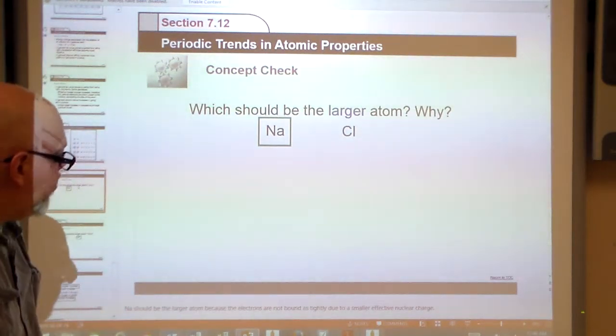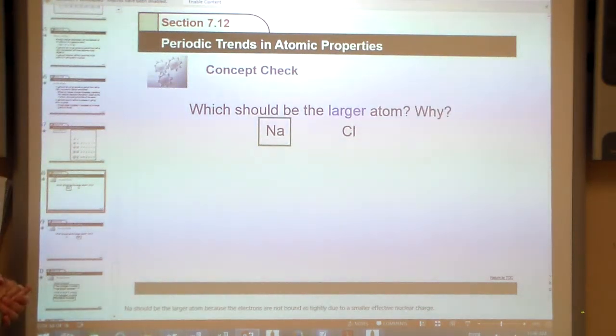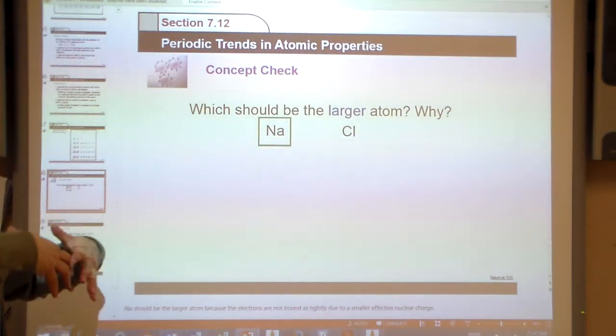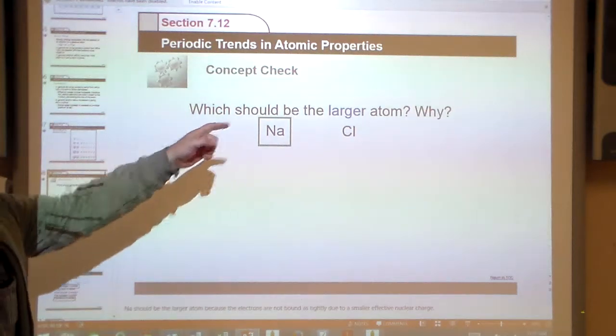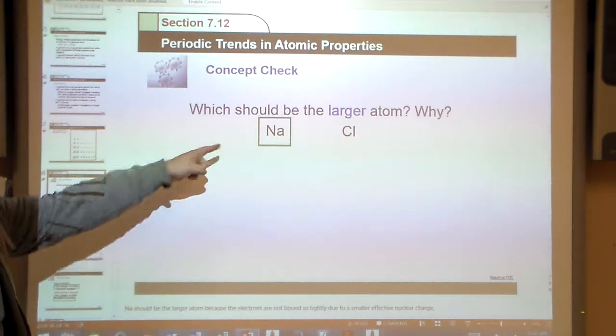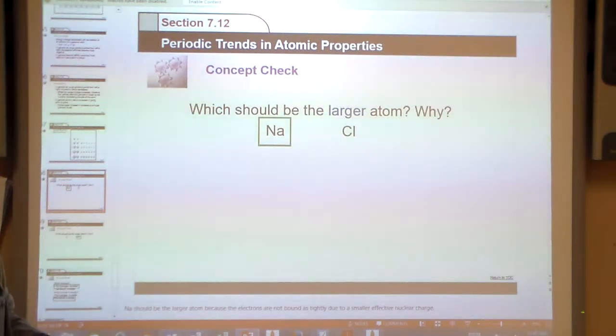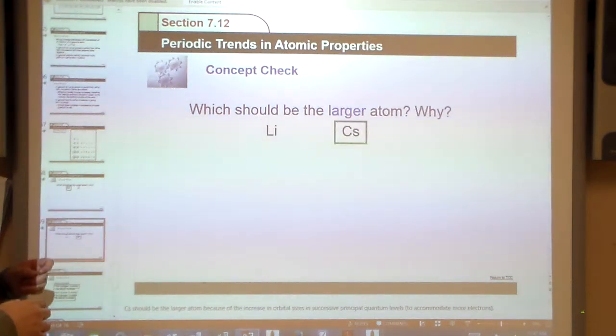Sodium is the larger atom because the electrons are not bound as tightly, because there is a smaller effective nuclear charge. In other words, that positive nucleus isn't putting out the same amount of attractiveness compared to chlorine. And remember, sodium is more likely to lose its electron compared to chlorine. So there's a relationship there.